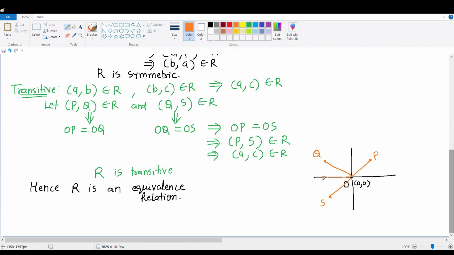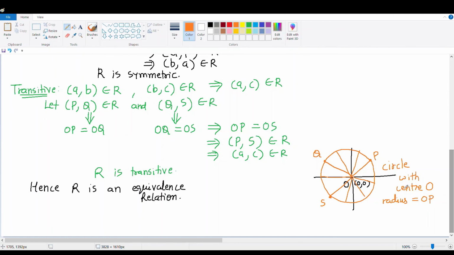So if you keep on drawing that kind of lines, it is nothing but what? This path is going to create a circle, with center O and radius OP, right?